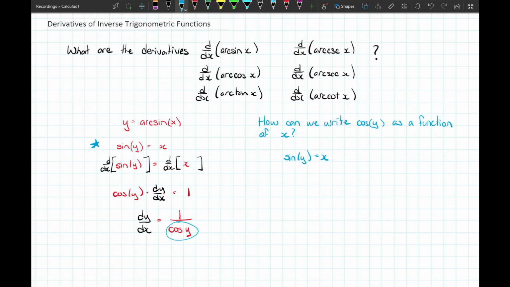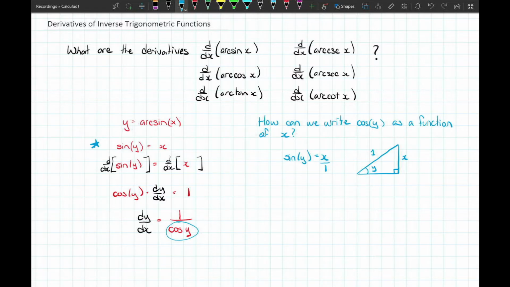Sine y equals x, or if you wanted to make this a fraction, sine y is equal to x over 1, the ratio of the opposite side from the angle y and the hypotenuse. So our angle is y, our opposite side is x, and the hypotenuse is 1.